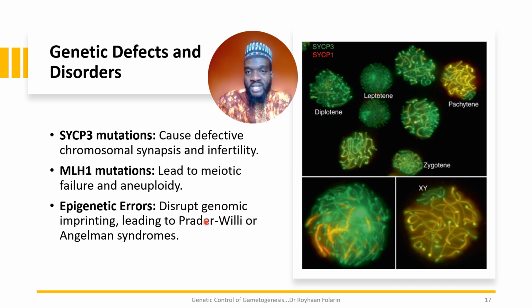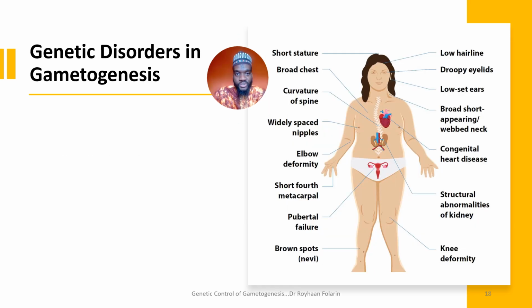All of these disorders highlight the critical importance of proper epigenetic regulation for normal development. So in summary, both genetic mutations and epigenetic defects in genes are very critical for gametogenesis, and they can lead to a range of severe reproductive and developmental disorders. And this really underscores the delicate balance that is required for proper meiosis and genetic expression and regulation.